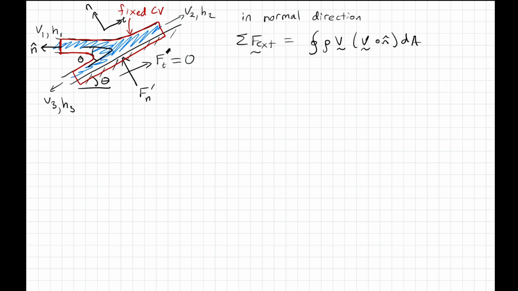In this case, again, the pressure along all the outside of my control volume is atmospheric. And as long as we're considering atmospheric pressure to be 0, so we're working with gauge pressure, then that won't contribute to anything. So I'm going to project this onto the normal direction, or I'll just write out the normal component.